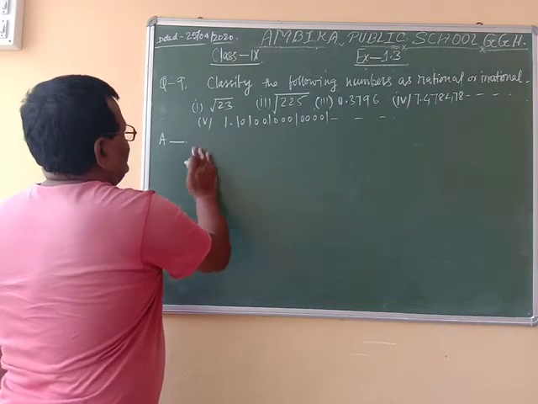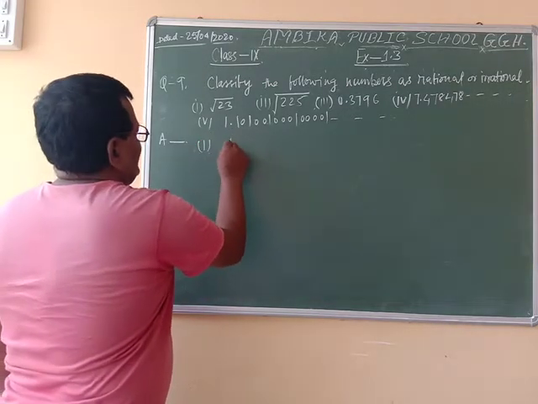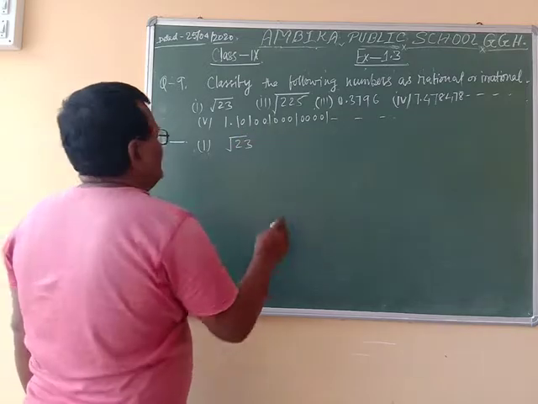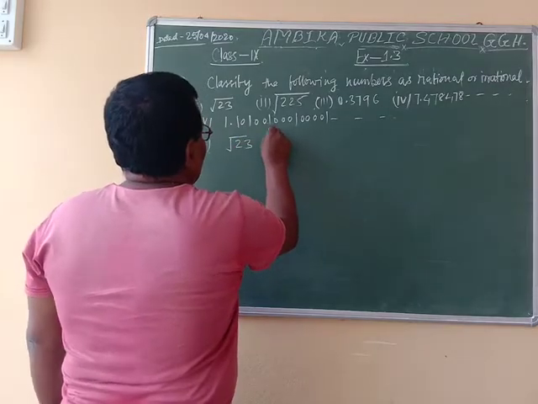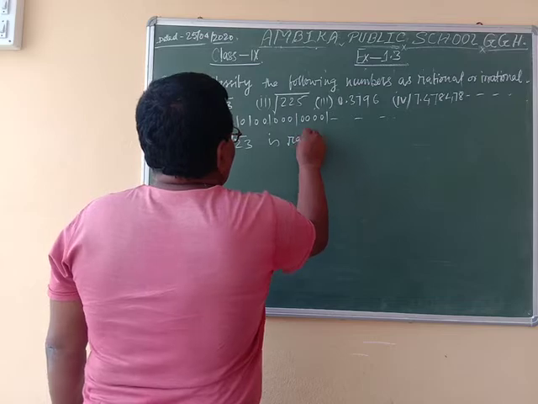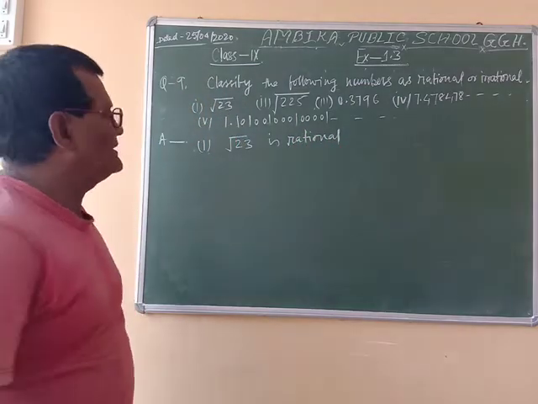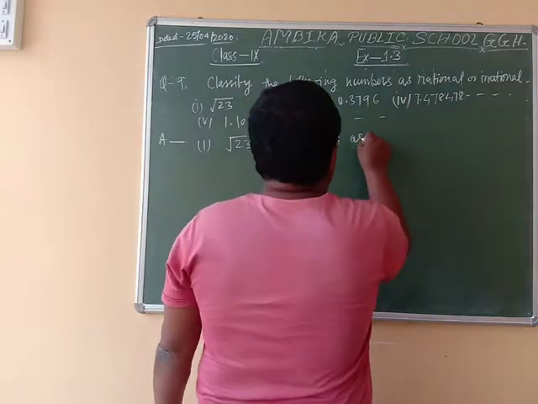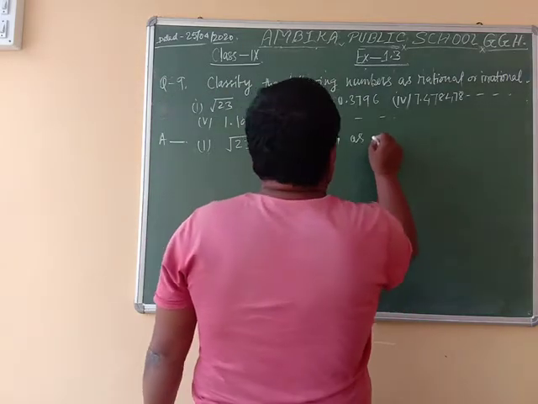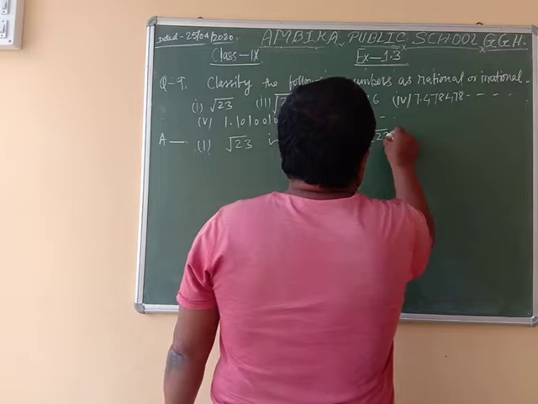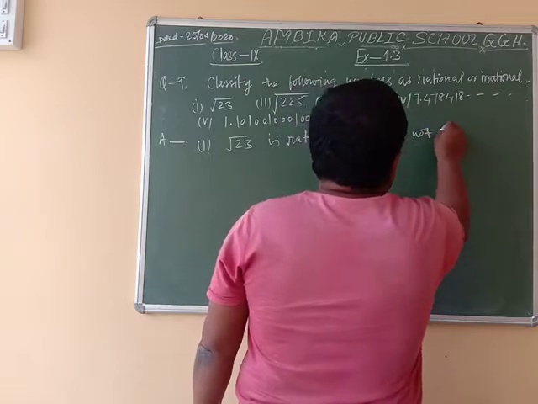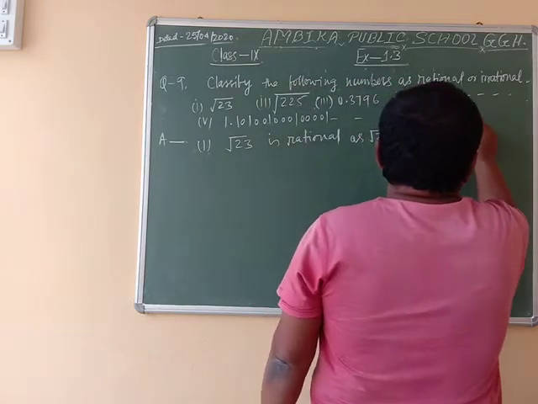Root 23 is irrational, as root 23 is not a perfect square.